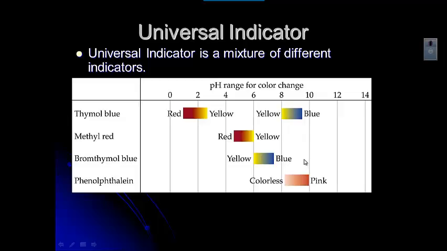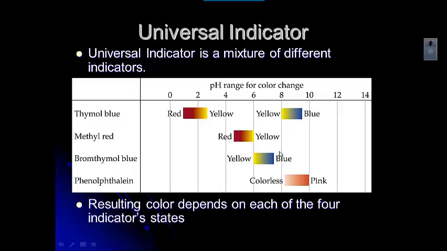And as the Alka-Seltzer started to react and form the carbonic acid, it became more and more acidic. So you saw it go from purple to blue to green to yellow. And then at the end I added some vinegar, which is even more acidic, and it pushed it to orange or almost red.